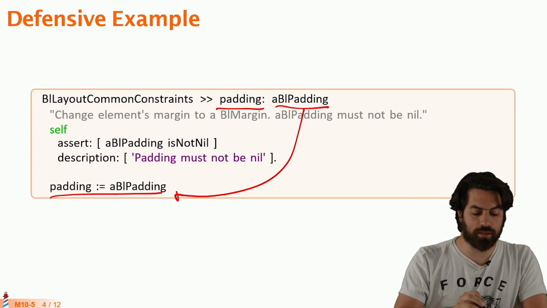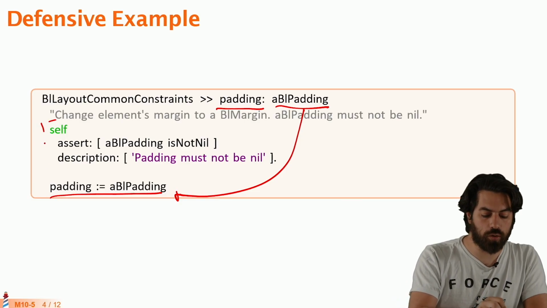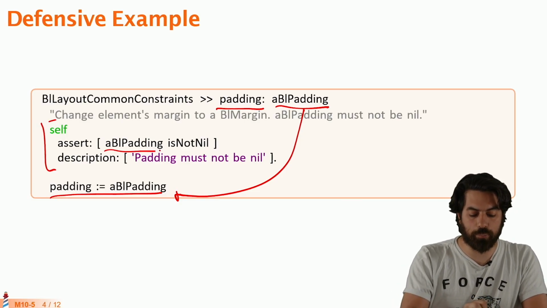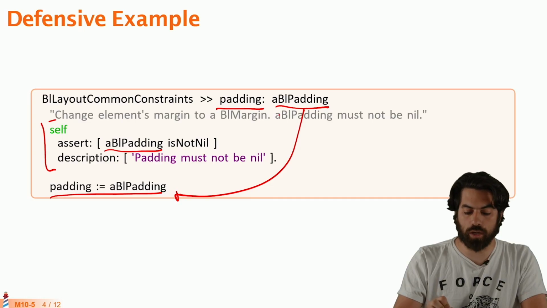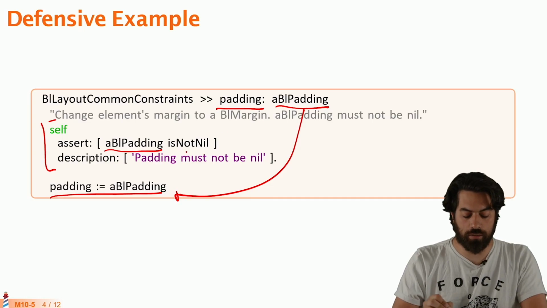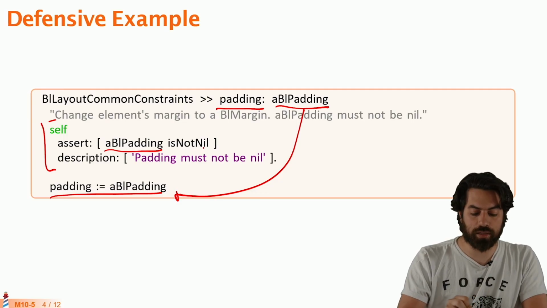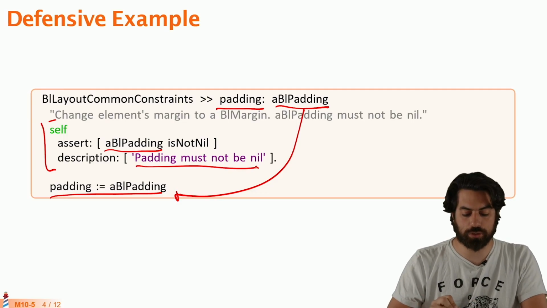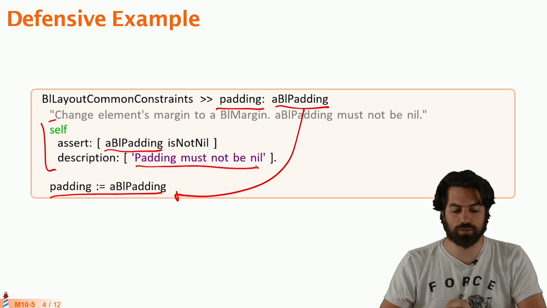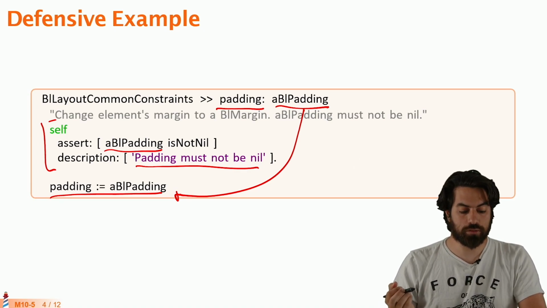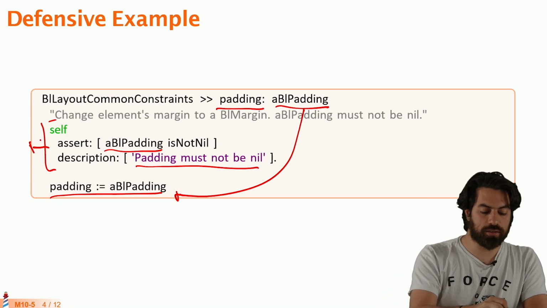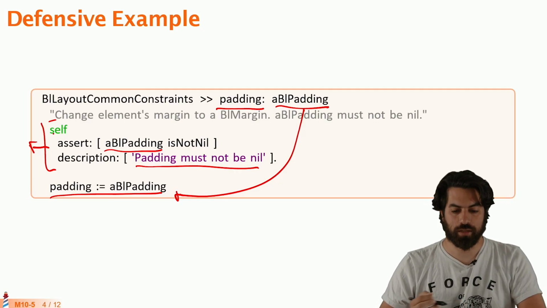And before actually setting it, as in a normal setter, we assert that the padding, the argument we are receiving, is not nil. If the padding is nil, we throw an exception, checking that the padding must not be nil. The question we can ask ourselves is: is this assertion worth it?